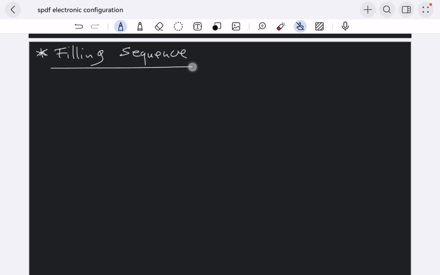I want us to look at what is known as the filling sequence. On the filling sequence, we're going to follow what we call the diagonal rule.